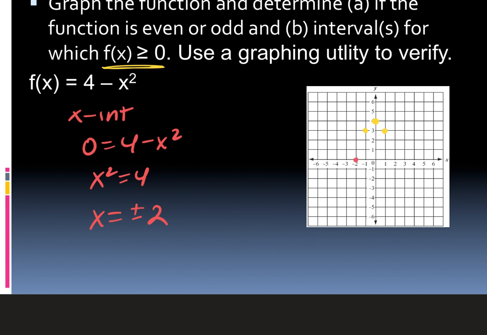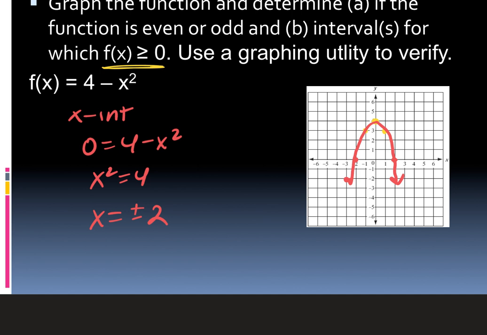And that gives me enough to graph this. Even the top 3 would have been okay to get an estimate of your graph. But if we're talking about intercepts, which we need to answer the second part of this question, I have to have the x-intercepts. A question on your test that you graph by hand will ask for x and y intercepts and symmetry, just like we did in C2, okay?